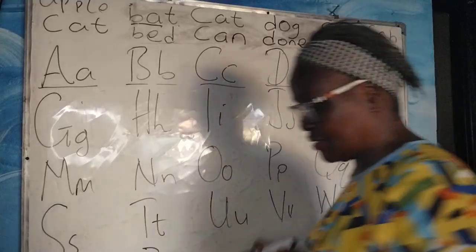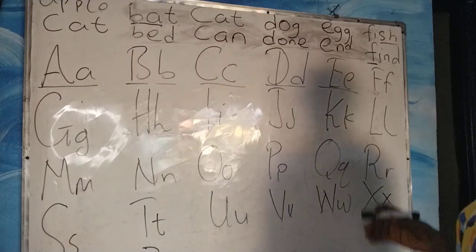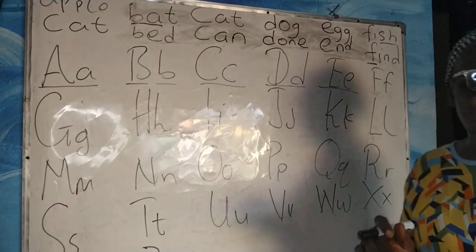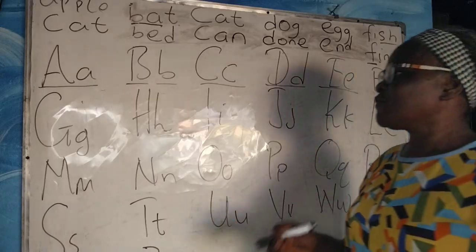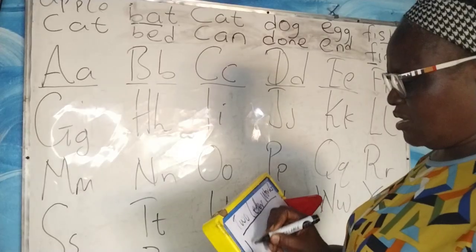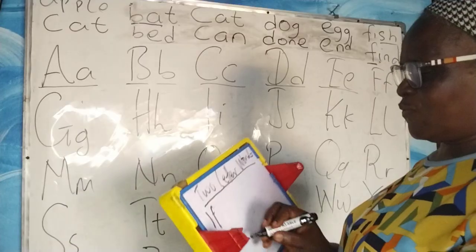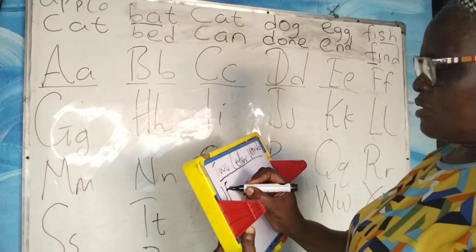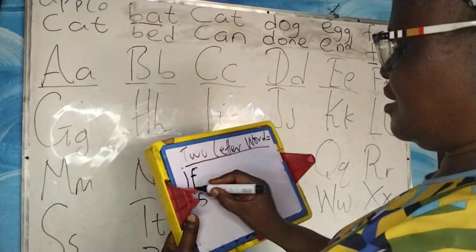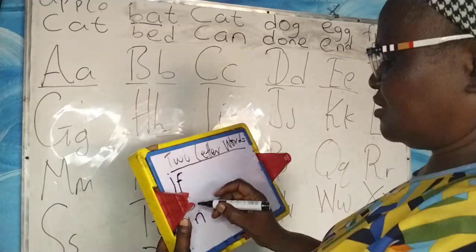All right, what we want to look at now is the sound of the spelling of two-letter words. We have if, if, if, is, in.